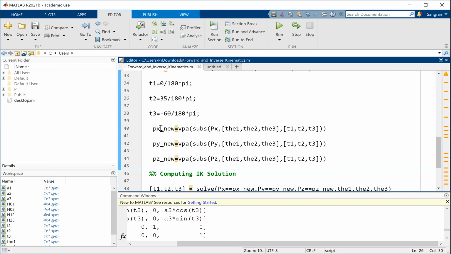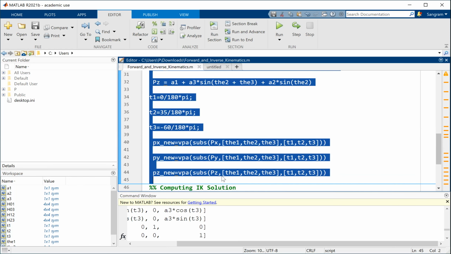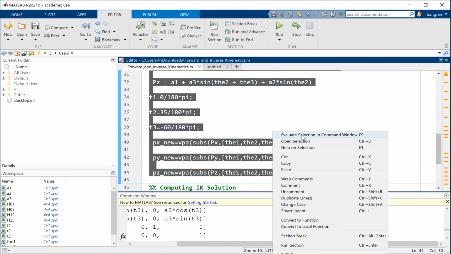There is only one M file. It ends with the .m extension. Forward_and_inverse_kinematics.m. So this is the file name. What I would do is take this code and run it.